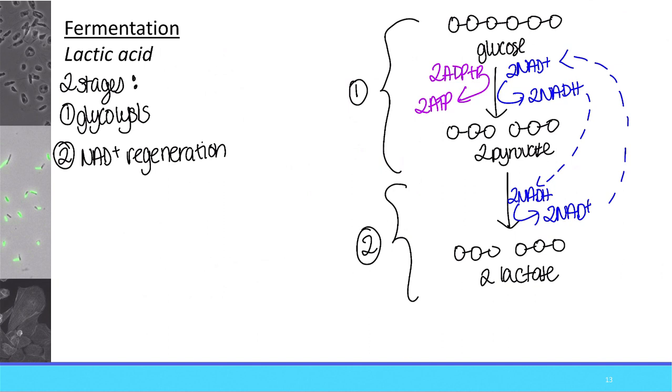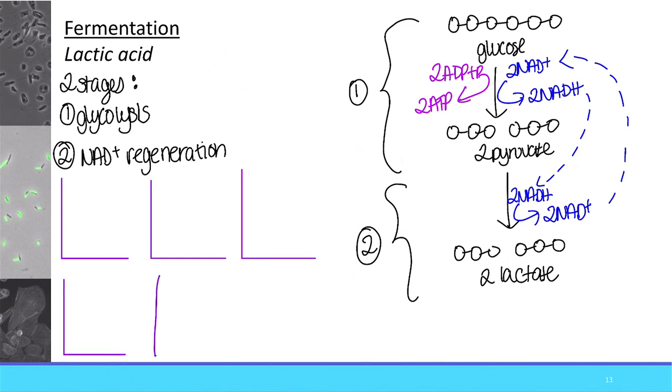So just like we did for our alcohol fermentation, let's go ahead and draw our reaction coordinate diagrams so we can keep track of what is an endergonic and what is an exergonic reaction. Let's draw our axes first. Okay, so in stage 1, same thing that happened in alcohol fermentation.